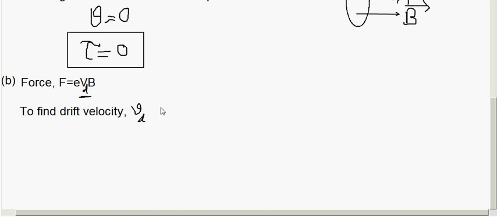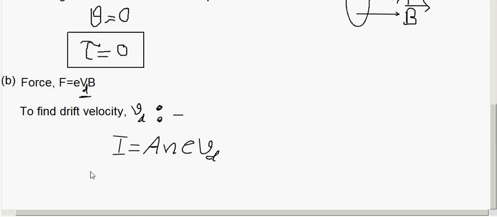We will take the equation, the current I is A n e vd, where n is the number density of electron. So all these quantities are given.